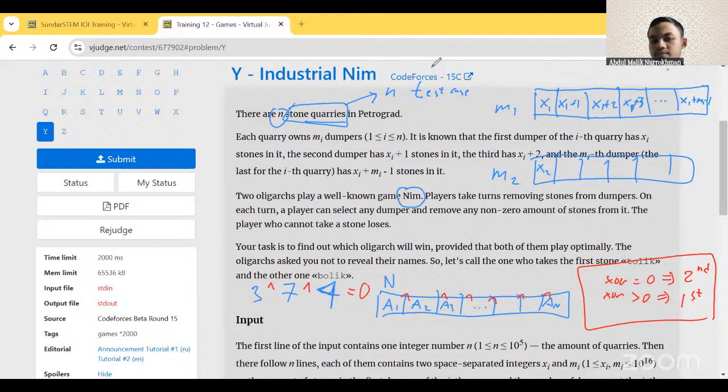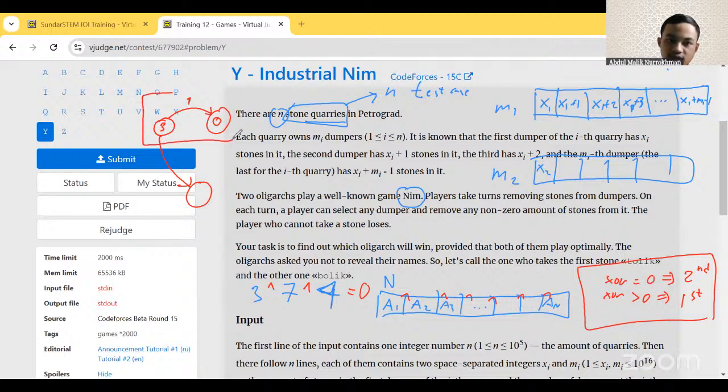Why? Because if the XOR is not 0, then there is always a way to make the XOR become 0. If not equal to 0, for example 3, there is always a move to make the XOR 0. We can also make another move that is not 0, but there is at least one way to make the XOR 0, and we will prove it later.